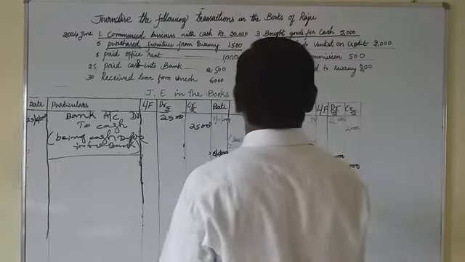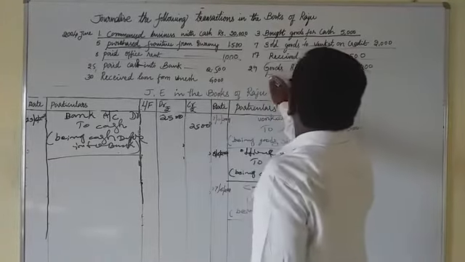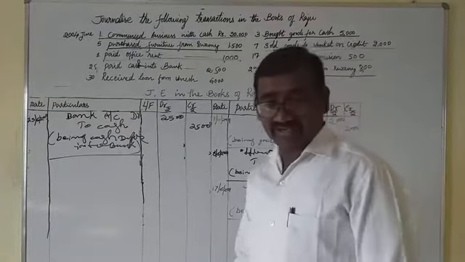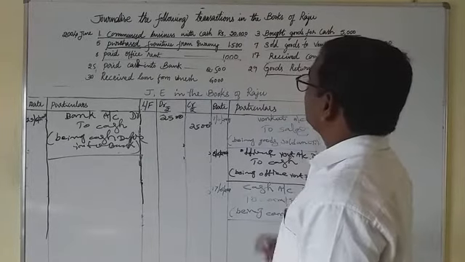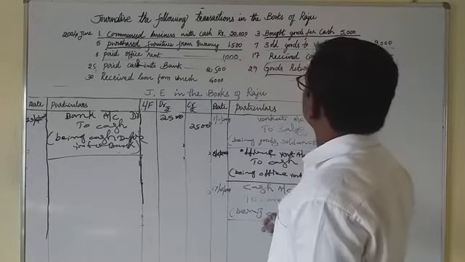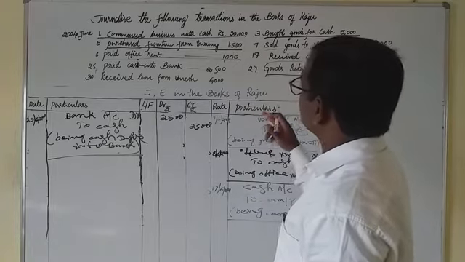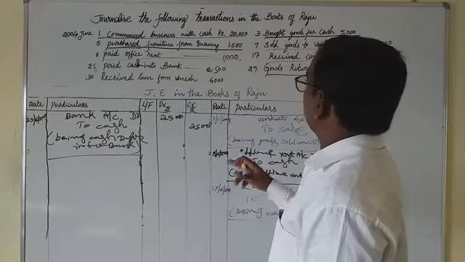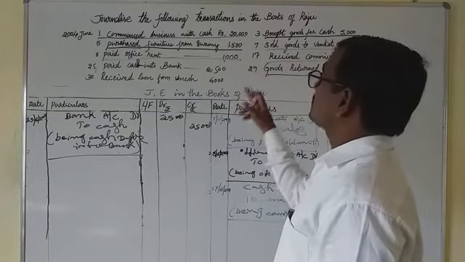See the next entry: goods returned to Swami 800. We sold goods to Swami in the fifth entry, and bought goods from Swami.